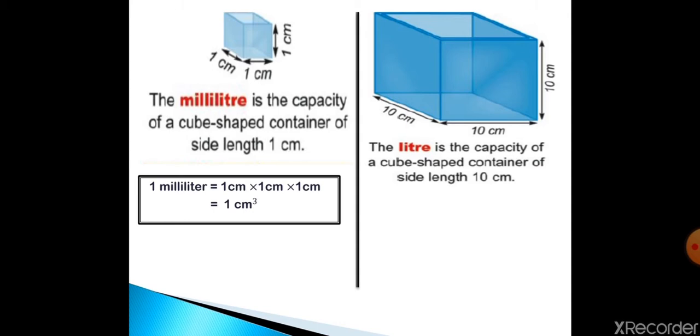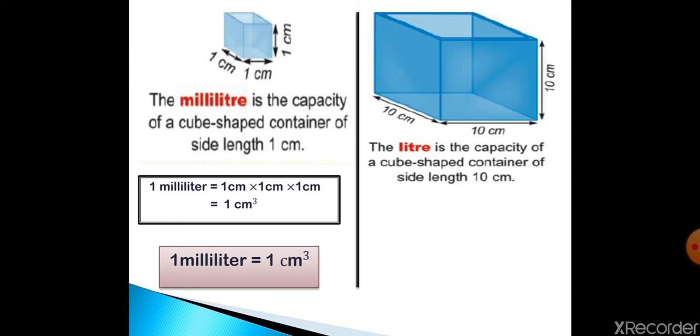So 1 centimeter multiplied by 1 centimeter multiplied by 1 centimeter, that means 1 multiplied by 1 multiplied by 1 is going to equal 1. But what about centimeter multiplied by centimeter multiplied by centimeter? It will give me cubic centimeter. So now the 1 milliliter equals 1 cubic centimeter. The two units are exactly the same.